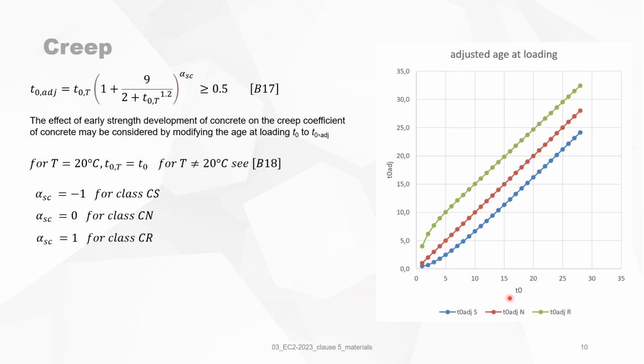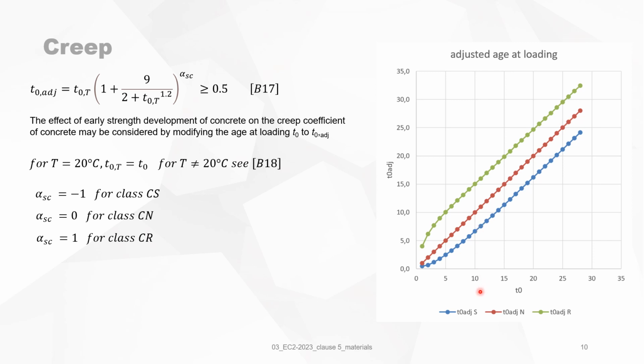And on the x-axis, you have the time of loading. And on the y-axis, you have the adjusted time of loading. So just to see what is now the main difference between T0 and T0 adjusted according to this formula. And then you see this is the effect on it. So for normal cement, there's no effect at all.